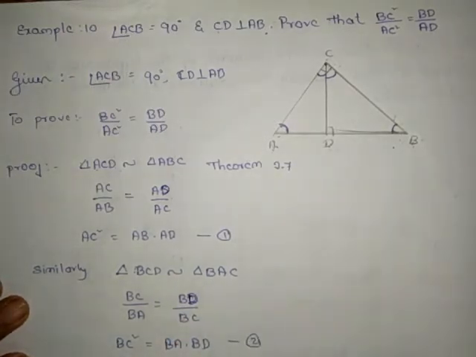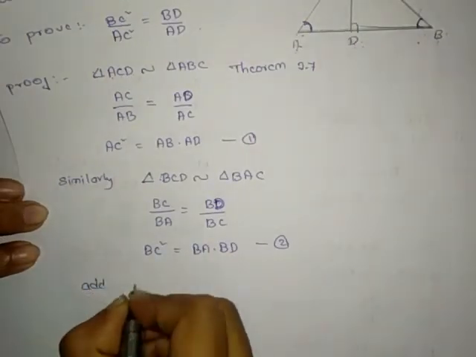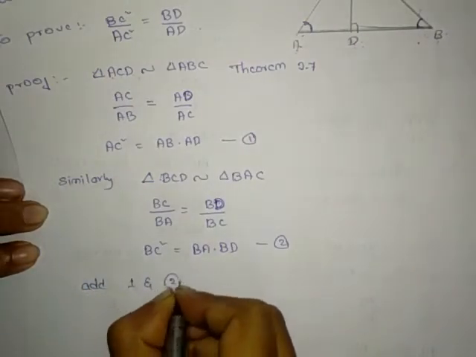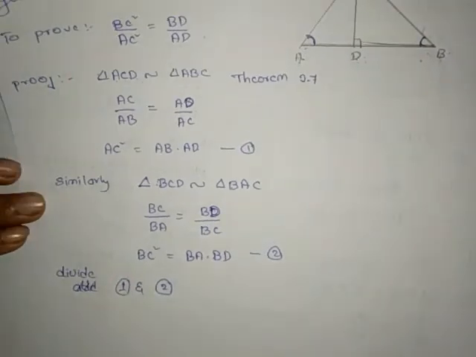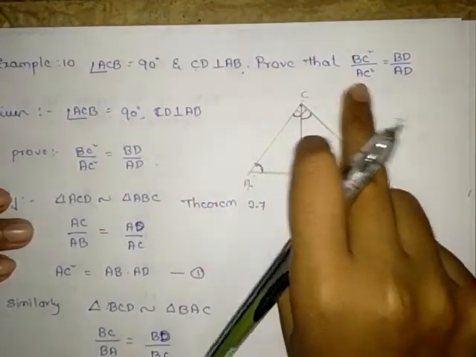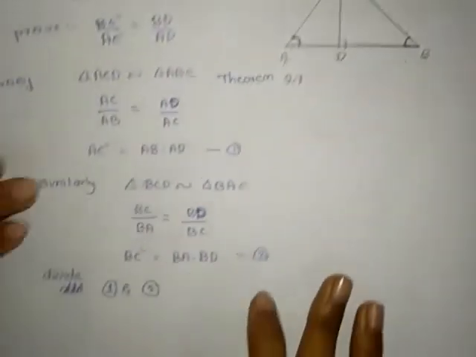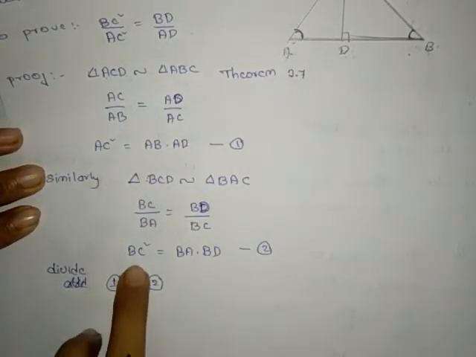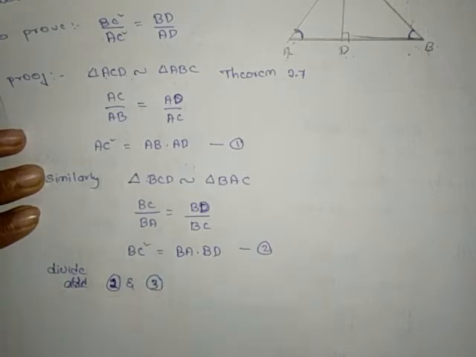Now, here we want to take the ratios, isn't it? So to take the ratios, we have to divide equation 2 by equation 1, so we can get it in a ratio.